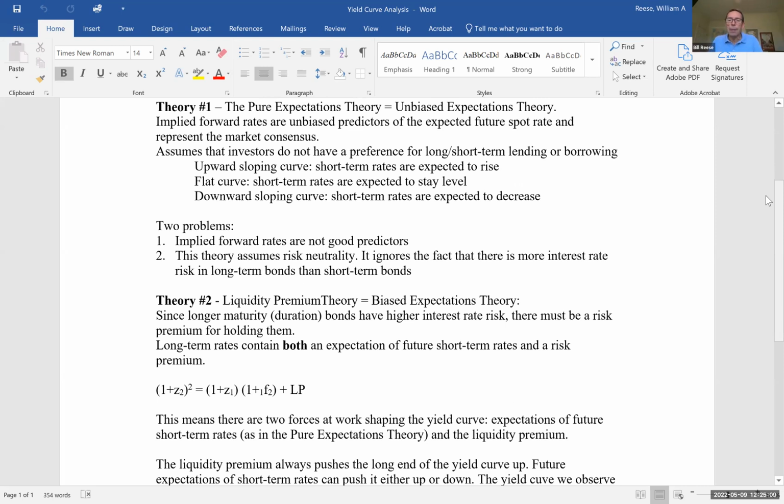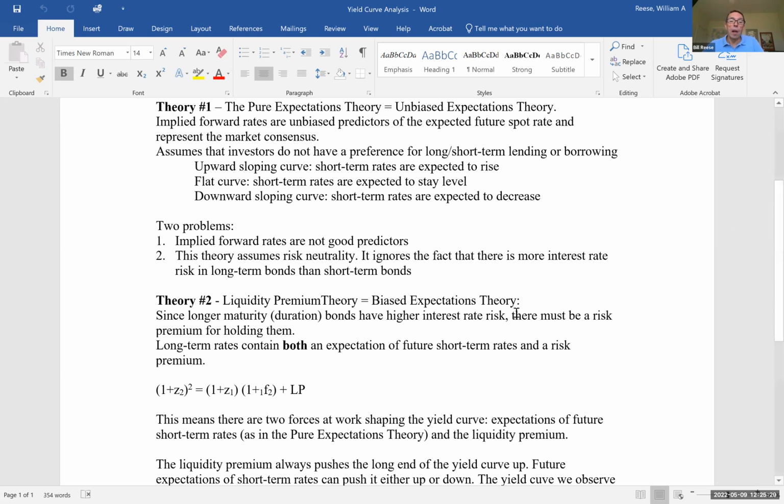It means the same thing. It means that long-term rates are an average of the expected future short-term rates plus a little liquidity premium to compensate for the fact that they are riskier.